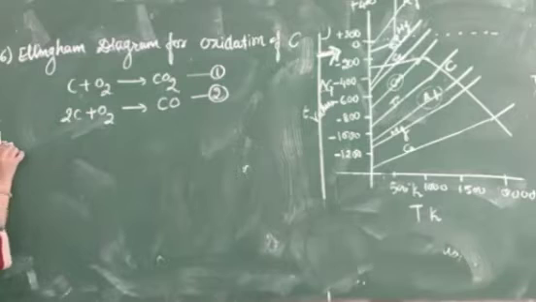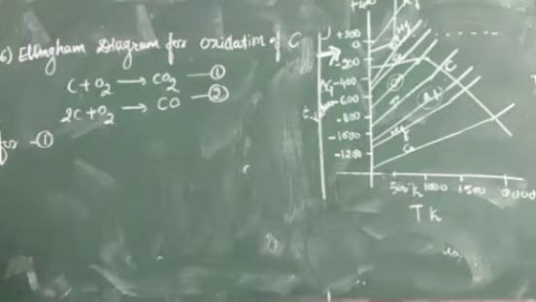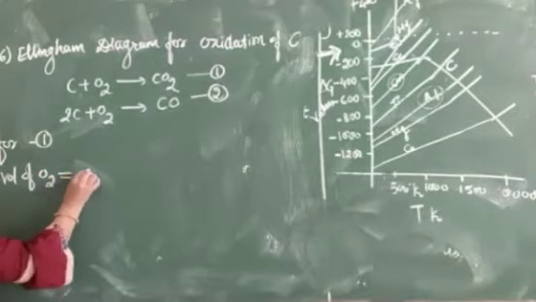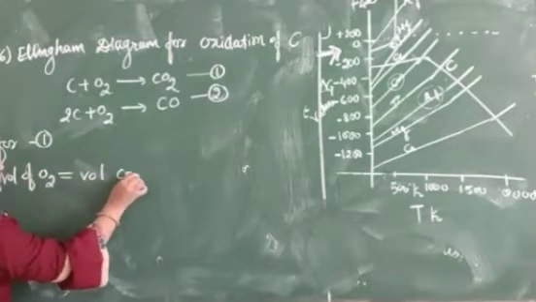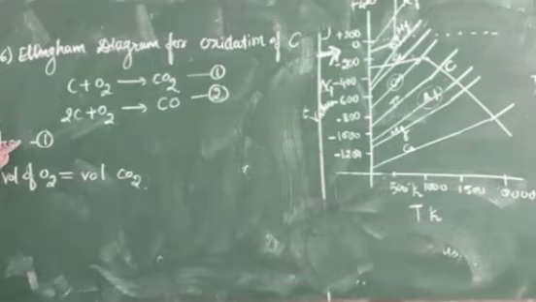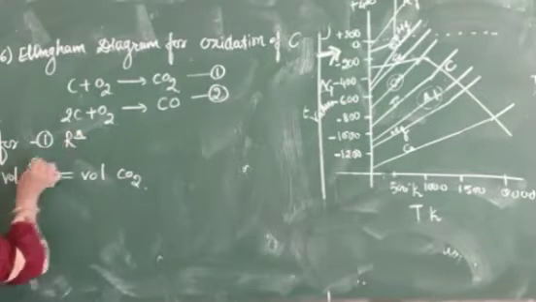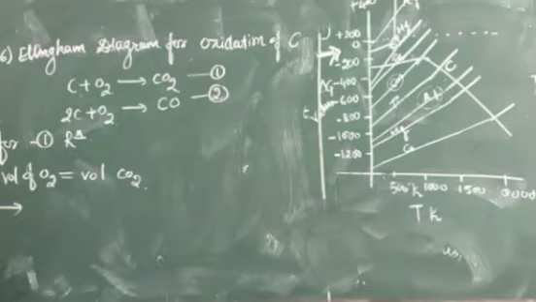For the first reaction, the volume of O2 used is equal to the volume of CO2 formed.